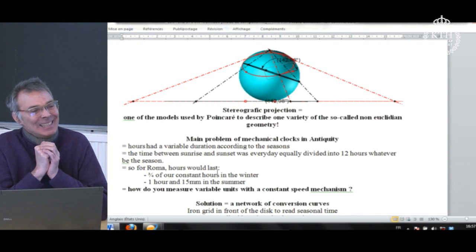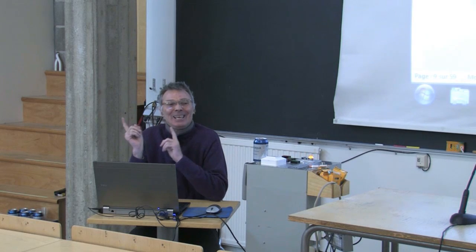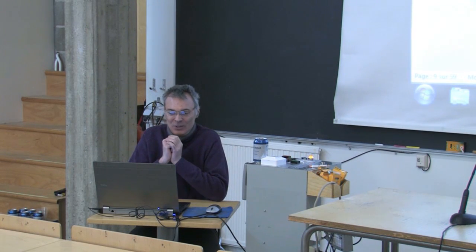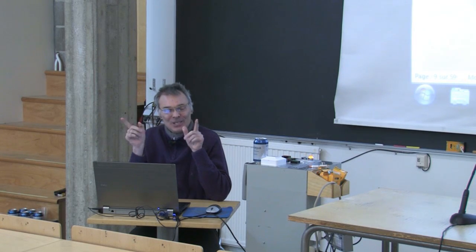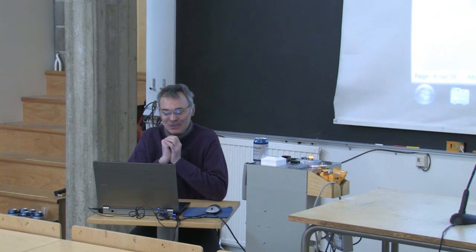So in Rome, the duration of the day varies between summer and winter in such a way that the winter hours are only 3/4 of an hour. And if you divide the summer duration of the day by 12, you get 1 hour and 15 minutes.